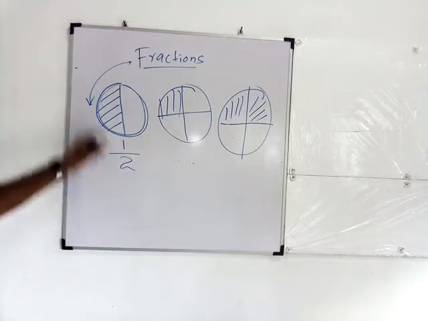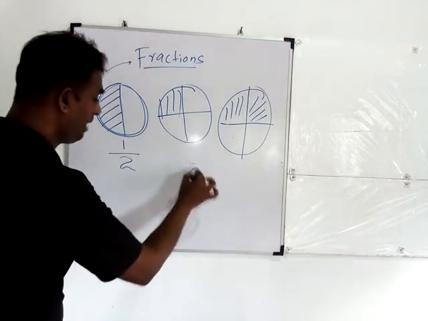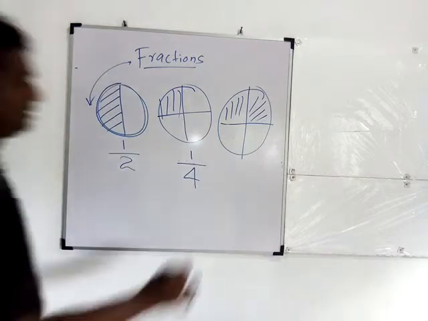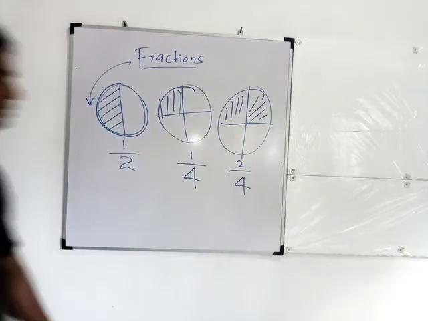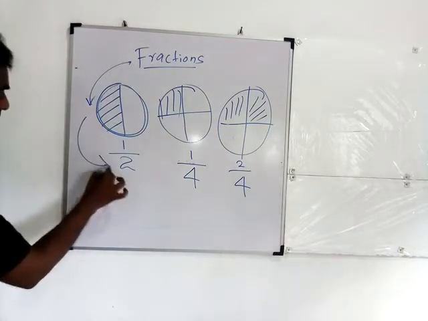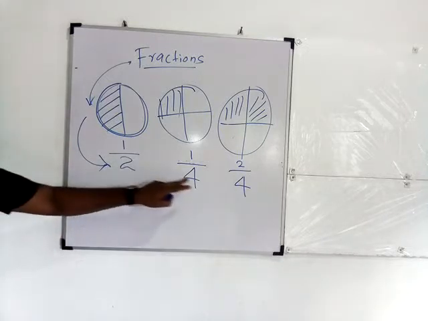This is the fraction we note mathematically. This is a circle divided by 4, dark 1 part. The circle divided by 4 and dark 2 parts. The fraction we can write like this.